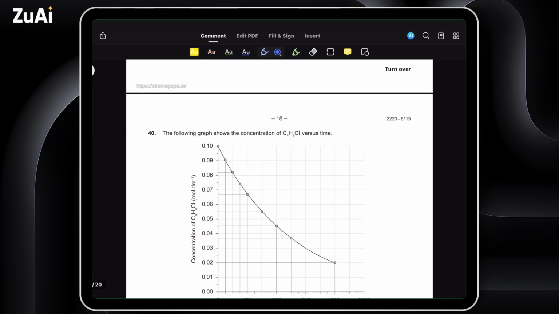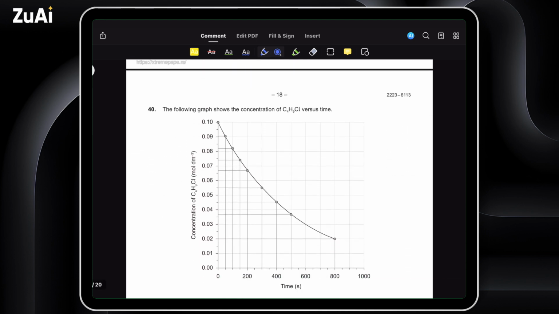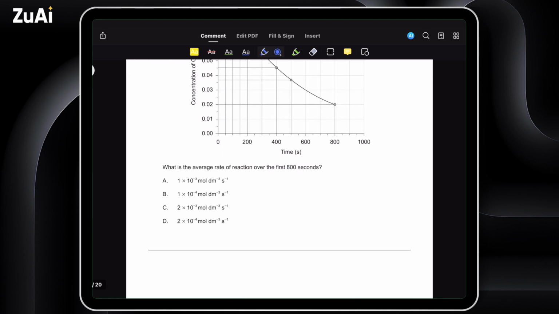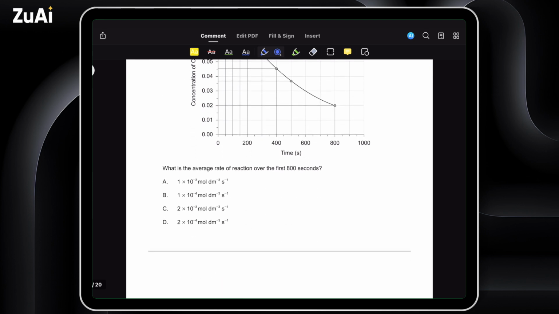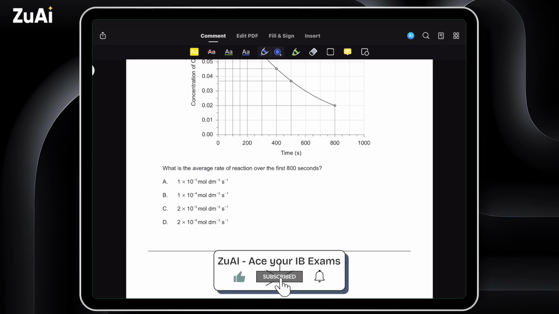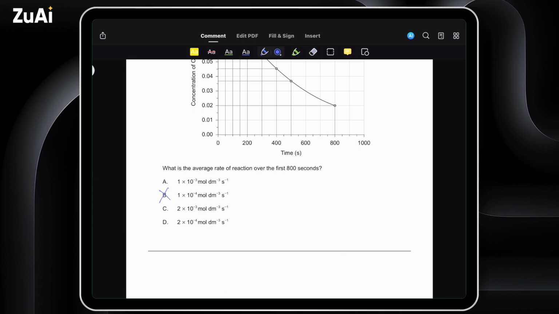The following graph shows the concentration of C4H9Cl versus time. What is the average rate? It is change with respect to time. That's what you have to calculate to get the answer. So B is the answer.